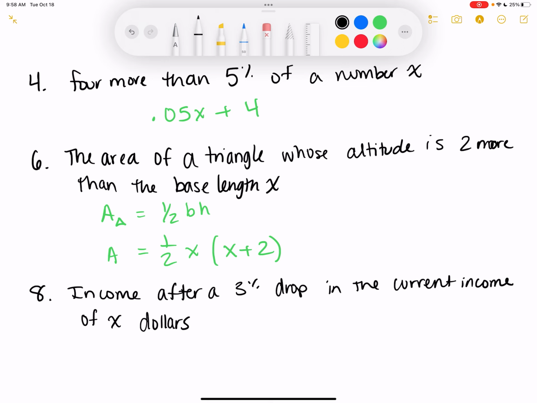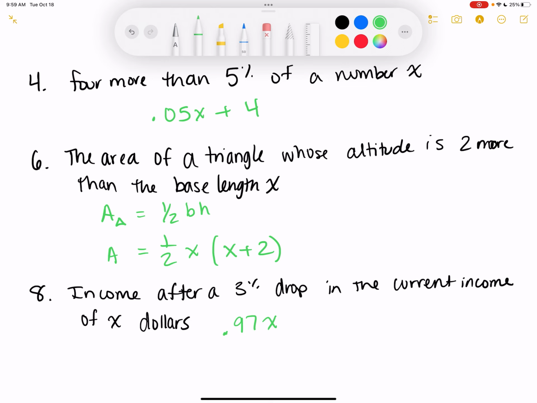All right, so isn't it just 0.03x? No, 3% drop. What would that be? Minus 0.03x? Why would it be minus? 0.97 times x.